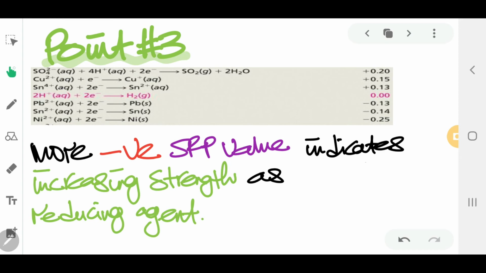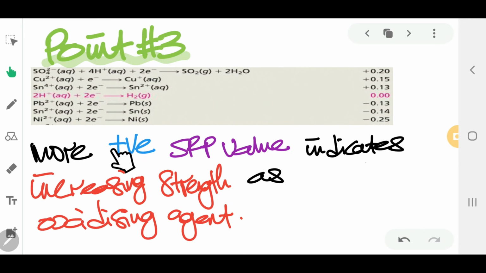So another point, number 3, continuation from there: if we have a more negative SRP value, that also indicates increasing strength as a reducing agent. So when you look at all the values over here, as you go down, you will have a greater and greater tendency, or increasing strength, of becoming reducing agents.